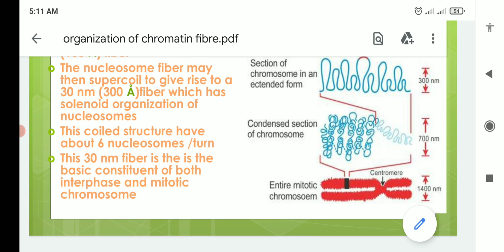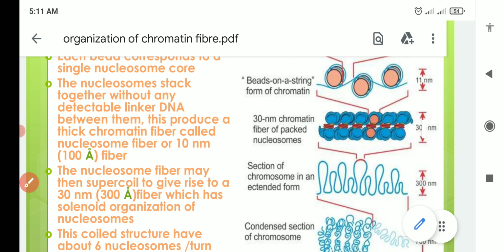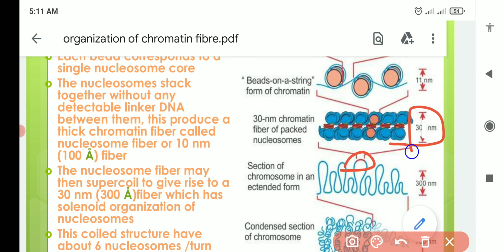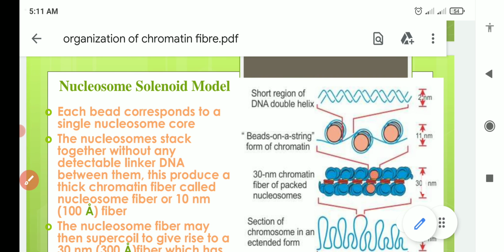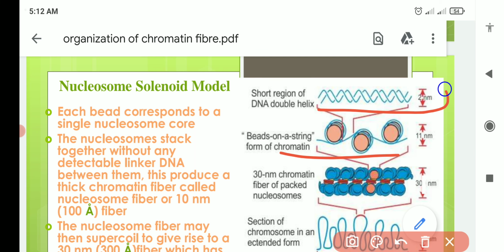And if you look at a smaller portion of this, you will see that it is made up of the 30 nanometer diameter chromatin fiber, and ultimately this is made up of a beads on a string type of structure, which has 11 nanometer diameter, and this structure is formed by coiling of the 200 nanometer DNA around these histone octamers.